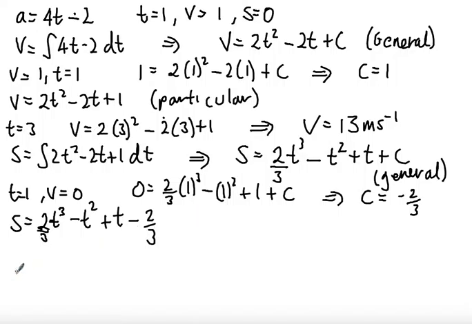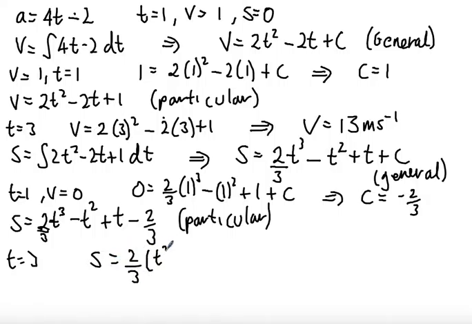And so we're just going to substitute in that t is equal to 3. So we get that s is equal to 2/3 of t cubed. Sorry, let's adjust that. It should be 3 cubed, obviously. 2/3 of 3 cubed minus 3 squared plus 3 minus 2/3.